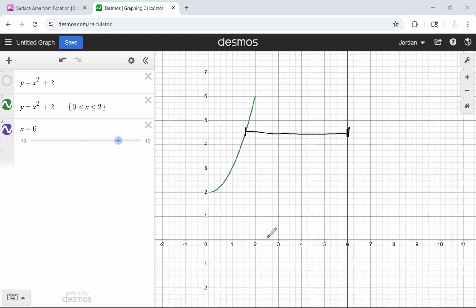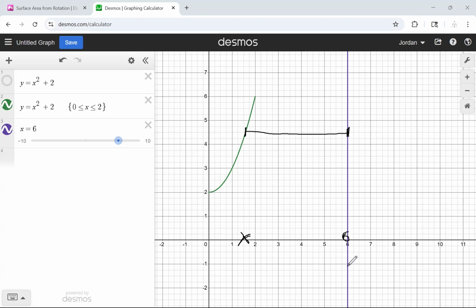Now, if I'm integrating with respect to x, then that is going to be just an arbitrary value between 0 and 2. So we're going to get an arbitrary x value if I'm integrating with respect to x. It's acting like the radius of the shell method. And this is obviously 6.